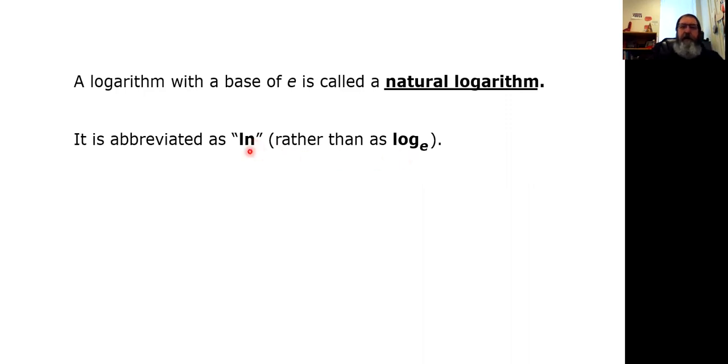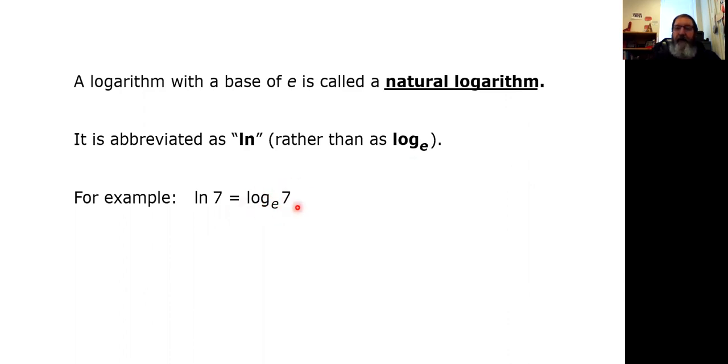And you can see why we would want to write LN instead of log base e. Well, we've just cut the number of letters that we have to write in half. So we're cutting our time and our effort in half every time we use a natural log. And like I said, common logs and natural logs are the two that are used most often. So for example, if I want to take the natural log of 7, I could write log base e of 7.